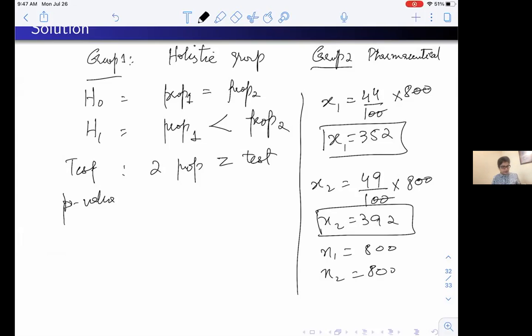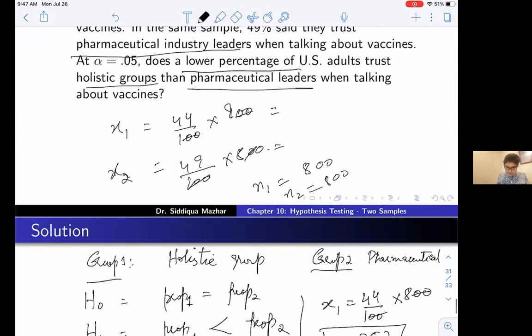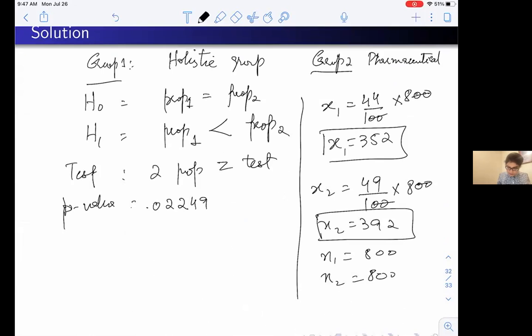Then you have to press calculate. So the P value is 0.02249. So what is alpha in your question? 0.05. So alpha is 0.05. The P value is less than alpha.